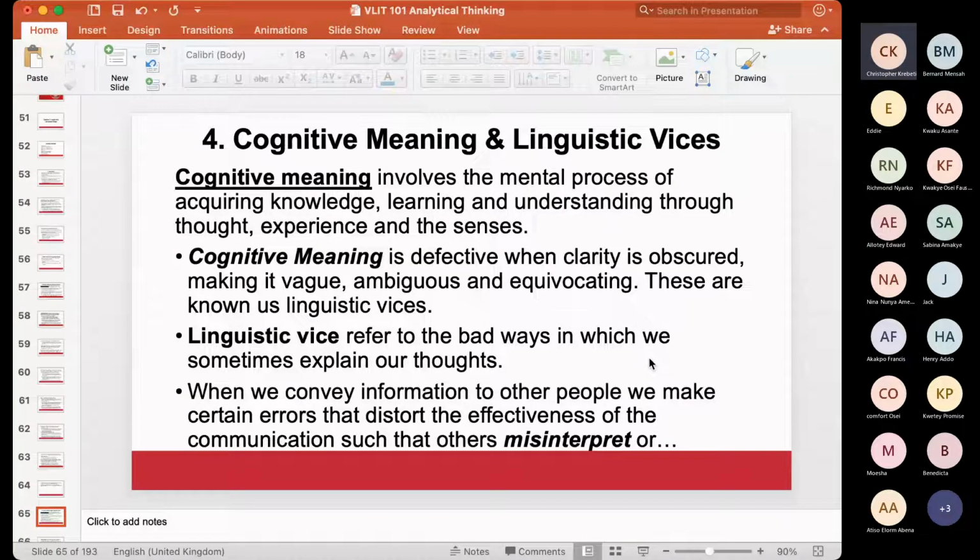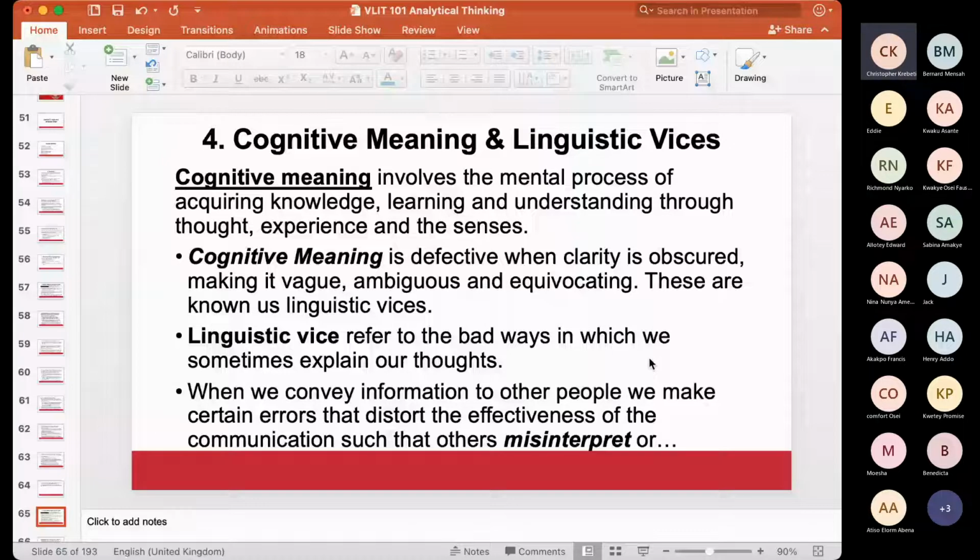That is why we have fallacies of ambiguity and then the fallacy of what? Equivocation. They are clear examples of information that has not been properly churned. They are cognitive information, all right, but they lack clarity and have an obscure meaning, an obscure understanding.